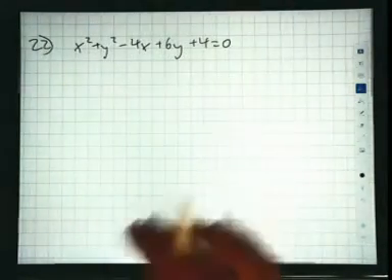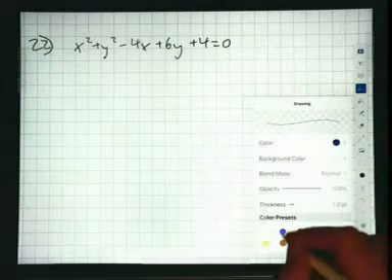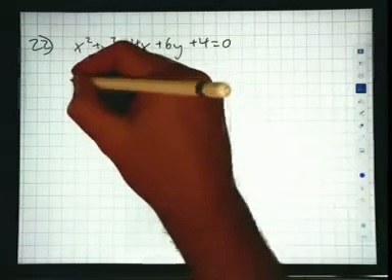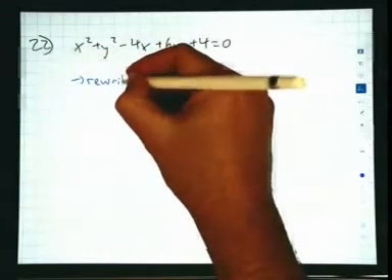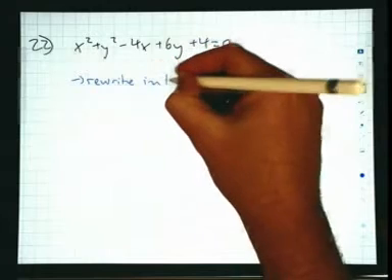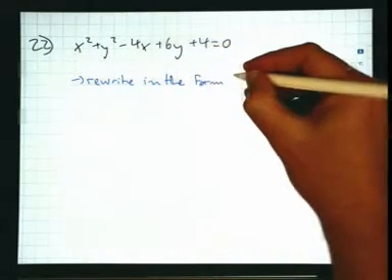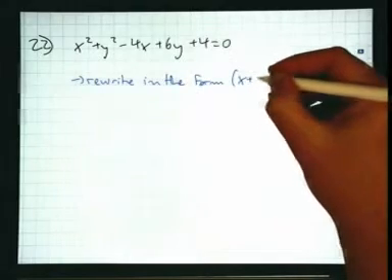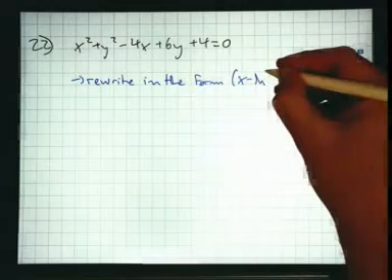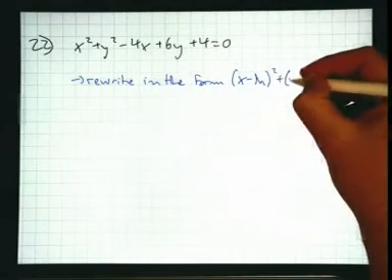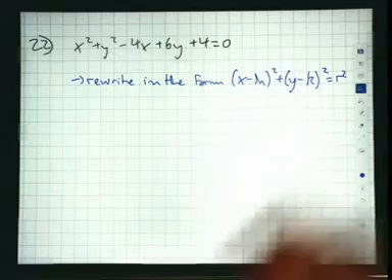Okay, so problem number 22, what we want to do is rewrite in the form x minus h quantity squared plus y minus k quantity squared is equal to r squared.